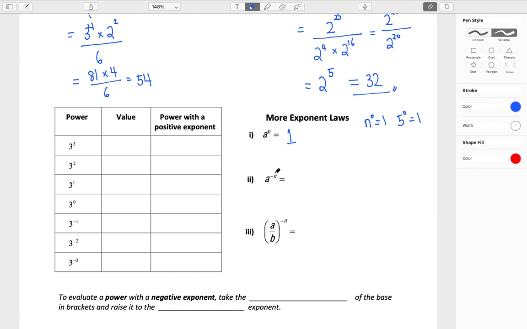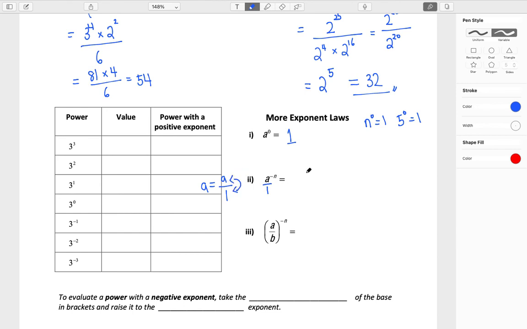Now when you have a negative exponent, we don't like negative exponents, so what we're going to do is take the reciprocal. So a essentially means a over 1. Right? So to get rid of the negative, I am going to flip this.